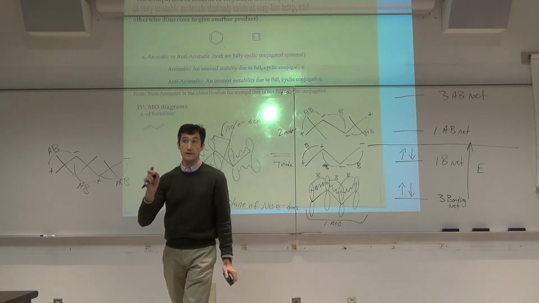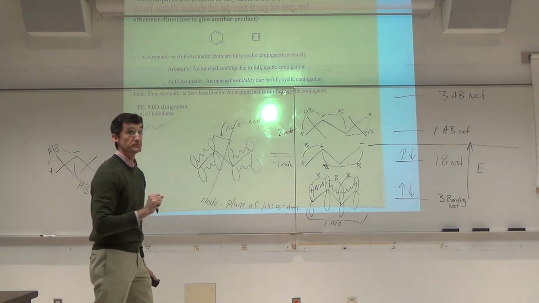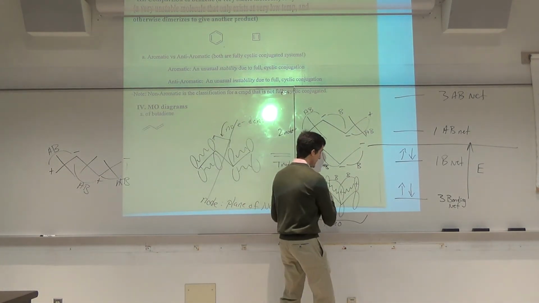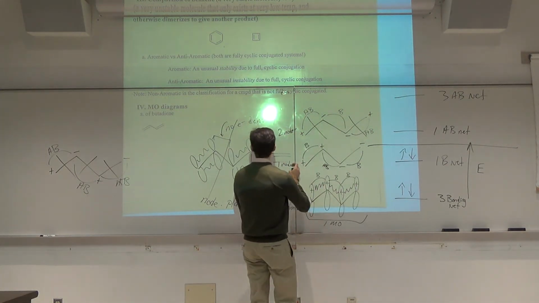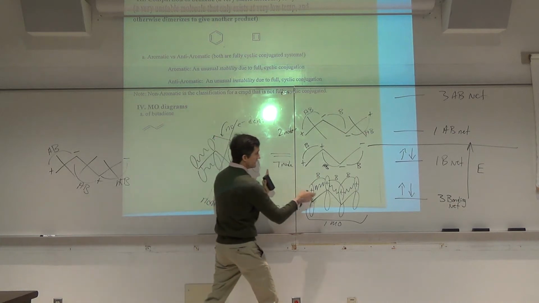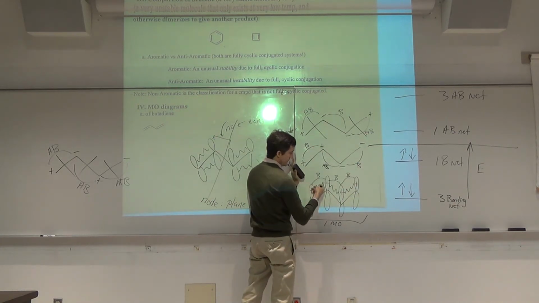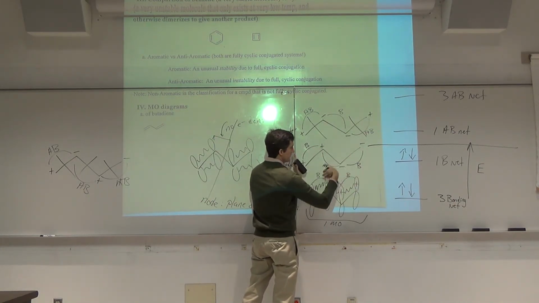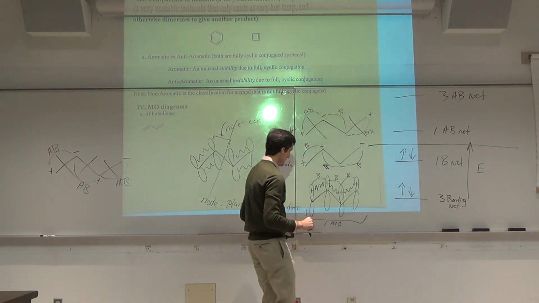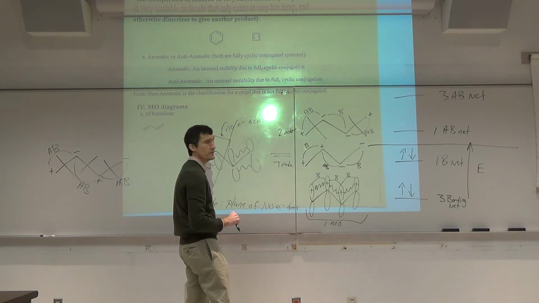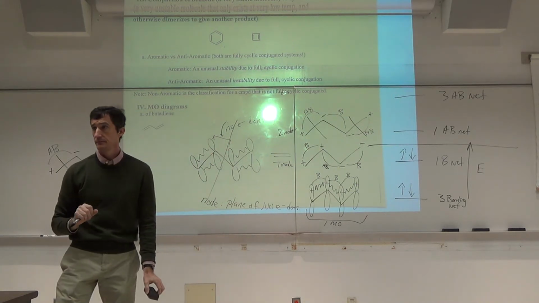And each orbital contains 2 electrons. 2 electrons sit in here, and they're spread out all the way through. Another 2 sit in this type of orbital. It's not as good as that one, but there we go. This is sort of the MO theory.